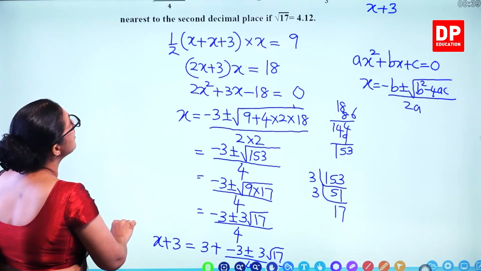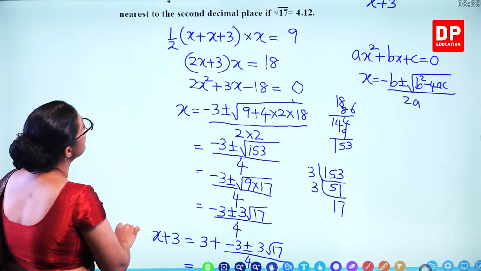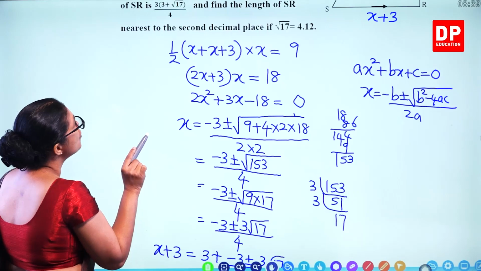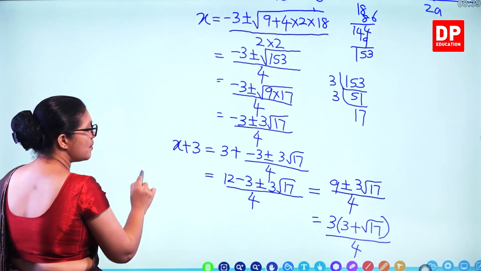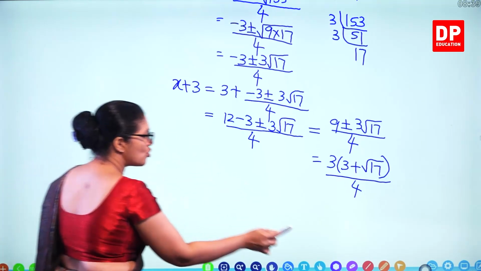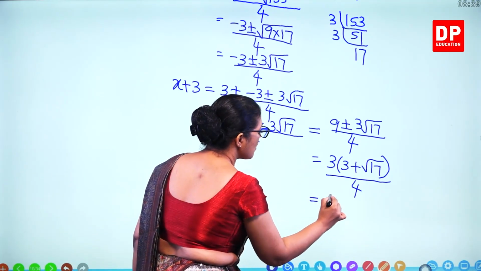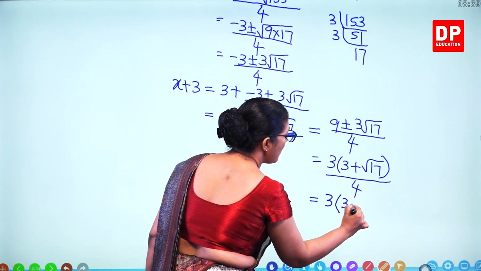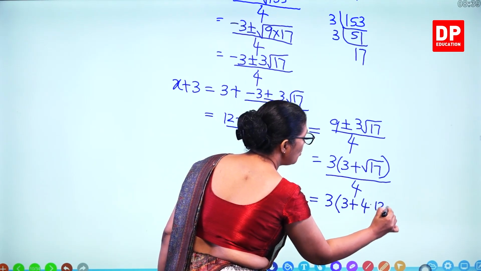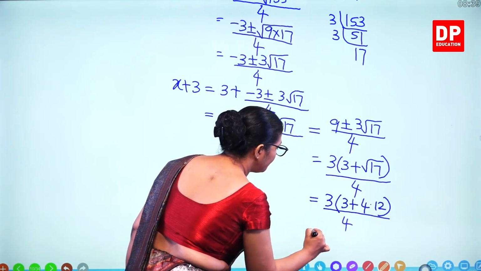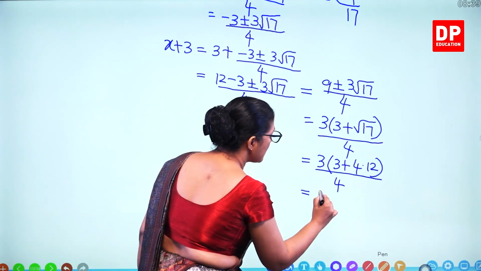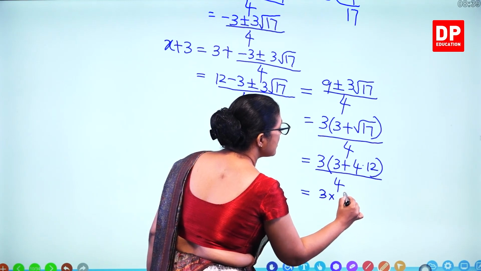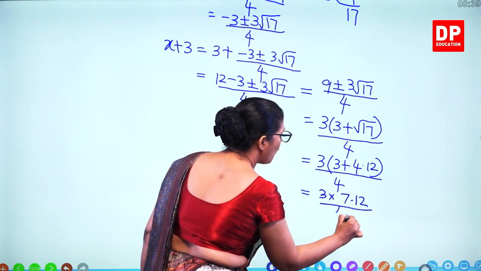3 times 3 plus root 17. And then substitute root 17 as 4.12 and find the answer correct to 2 decimal places. So 3 times 3 plus 4.12 over 4. Just add it first. You get 7.12 over 4.